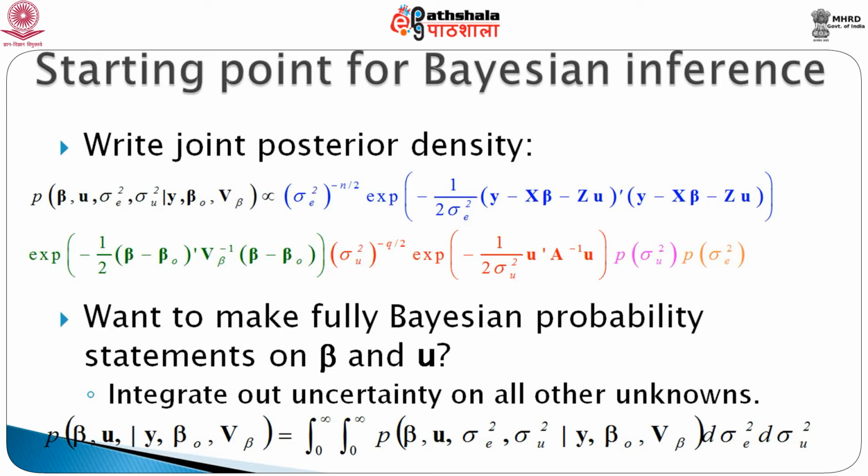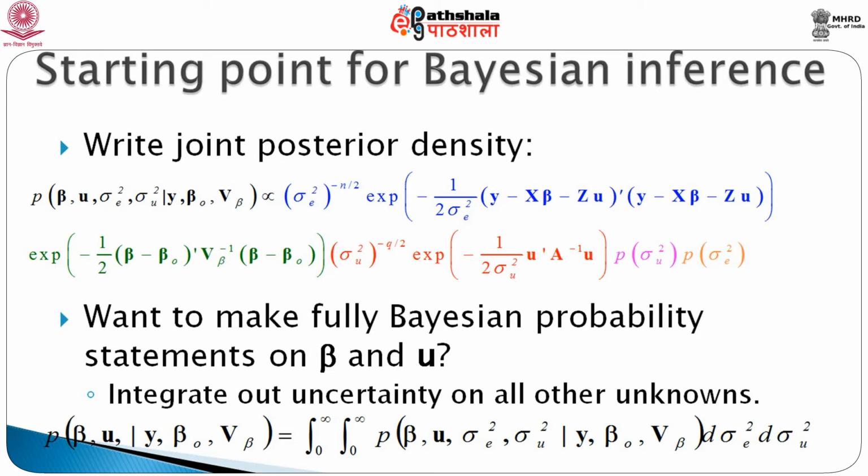So this is basically, you see, the likelihood part, this is the part of the prior for beta, then you take the structural prior for u, and then you take the prior for sigma_u squared. This is the second stage prior, and the prior for sigma_e squared. So we want to make a full Bayesian probability statement for beta and u.